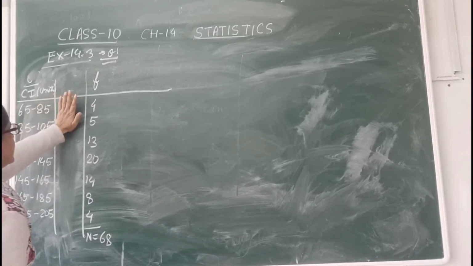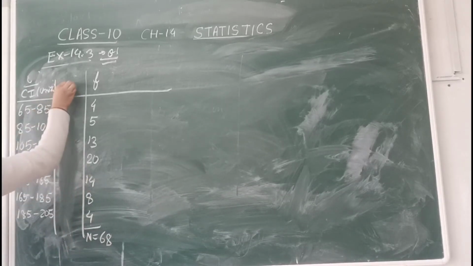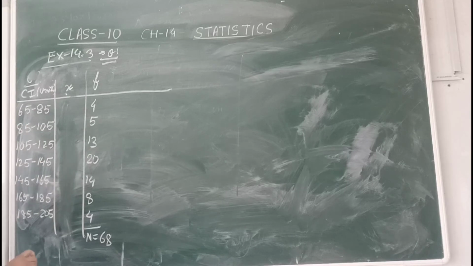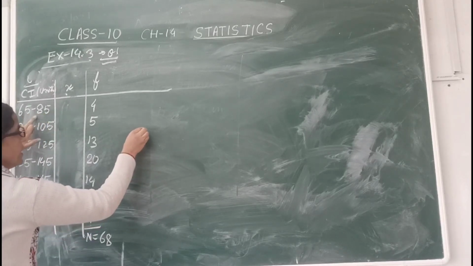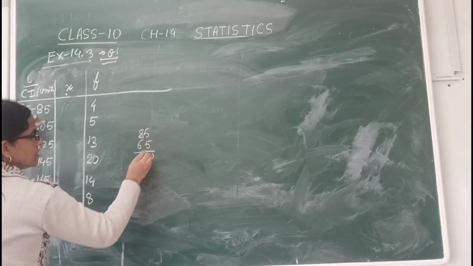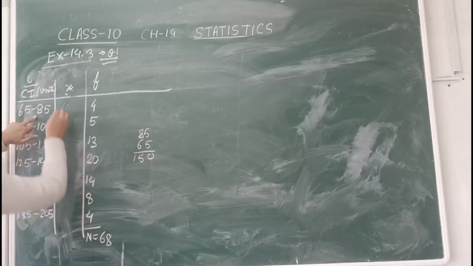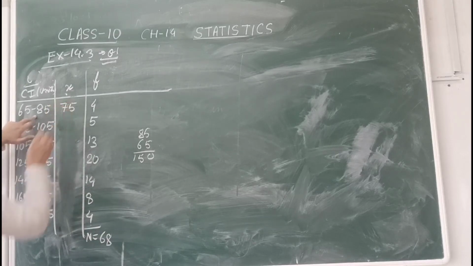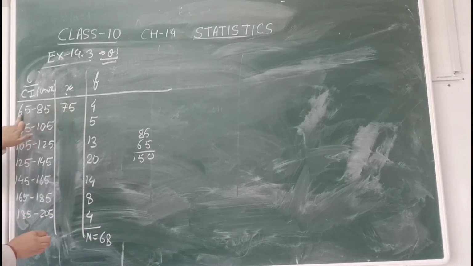For finding the mean, the x column, that is the variate column, is given, and variate is the class mark. Class mark is lower limit plus upper limit divided by 2. So 85 plus 65, 150 by 2 is 75. Now let us see what the class size is. Class size is 20.